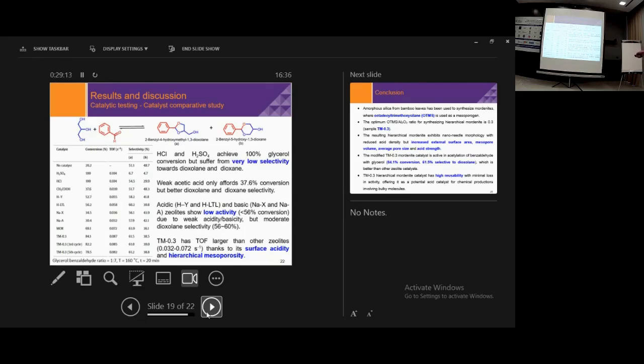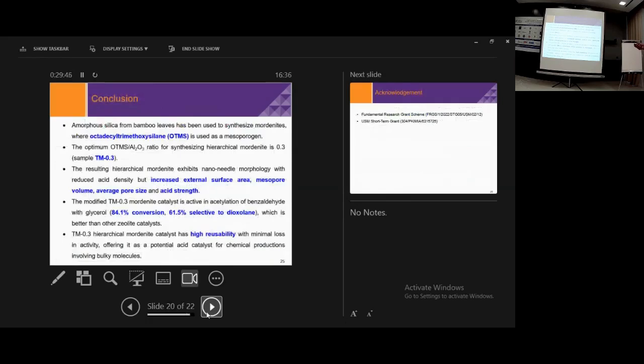And we also did the reusability of the catalyst. Since these homogeneous acid catalysts are not recyclable, once we use it, we cannot recover it back. But for this TM0.3, we can use up to 5 cycles with just a slight drop in the conversion, but the selectivity is still almost maintained.